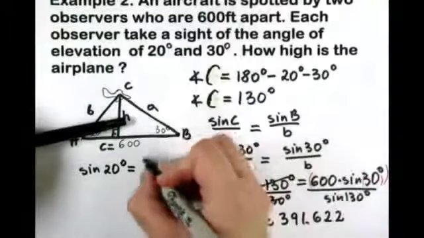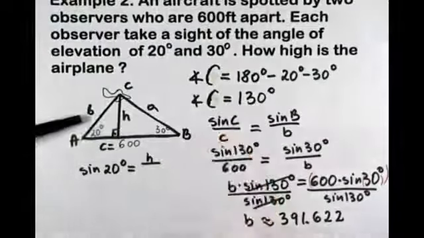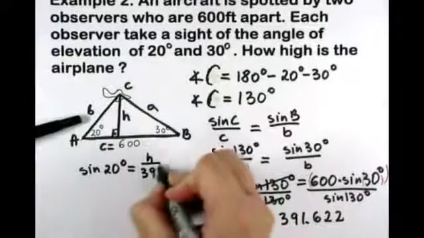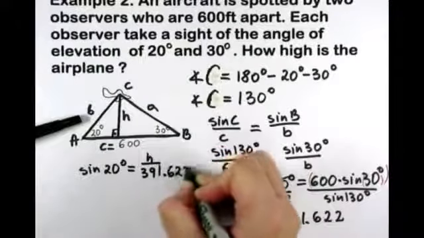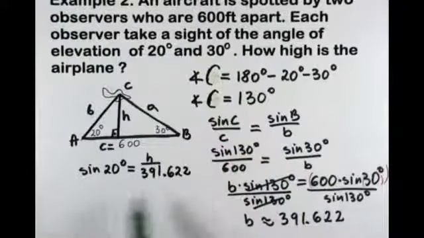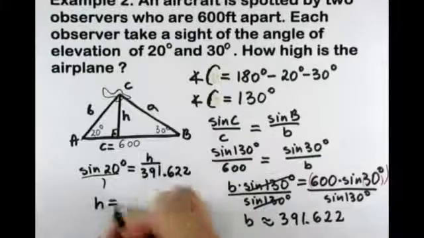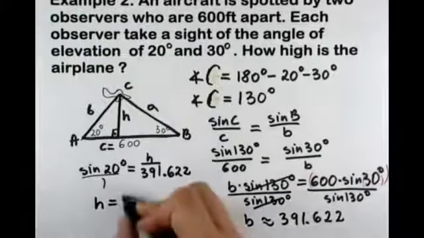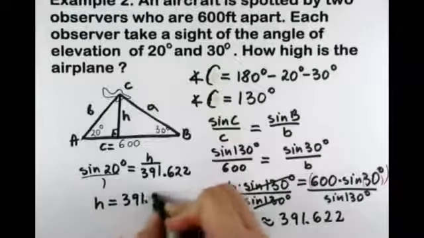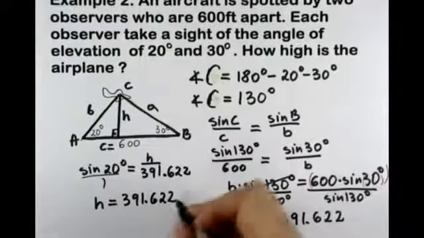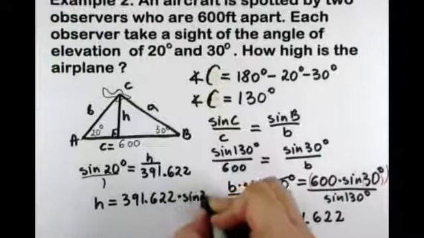It's opposite, height over B, my B is 391.622. Cross multiply, it's like over 1. This times this, height is equal to 391.622 times sine 20.